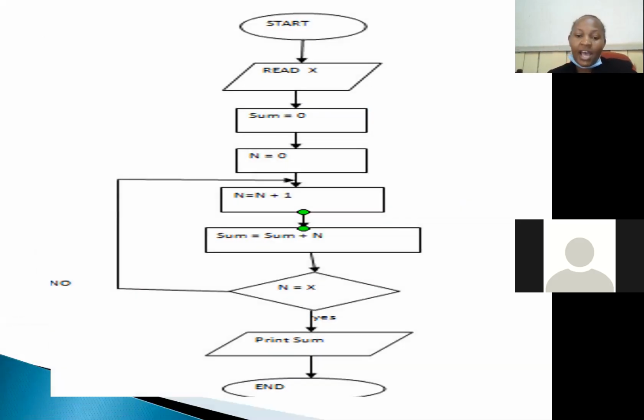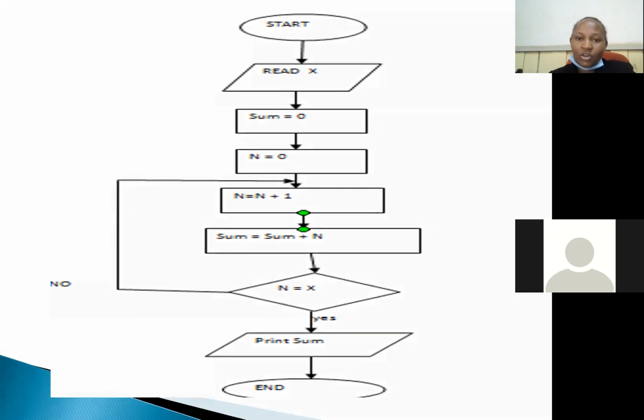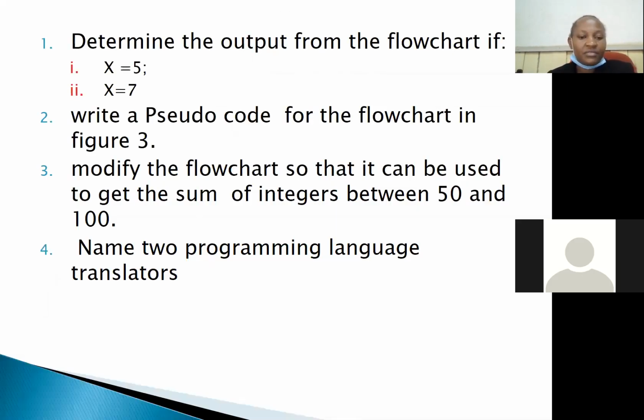So here the decision in the decision symbol is likely to change. What changes is the initialization of n and the decision, and we remove the read x, because here we are not reading anything. We are only modifying the flowchart to output the sum of integers between 50 and 100.